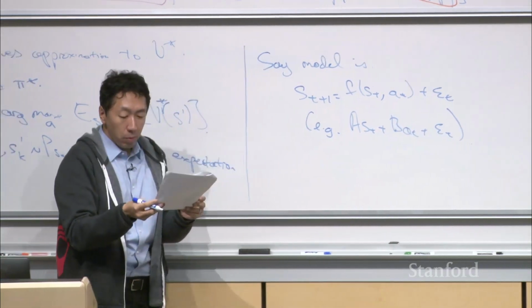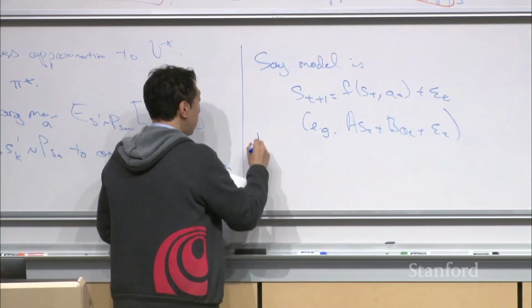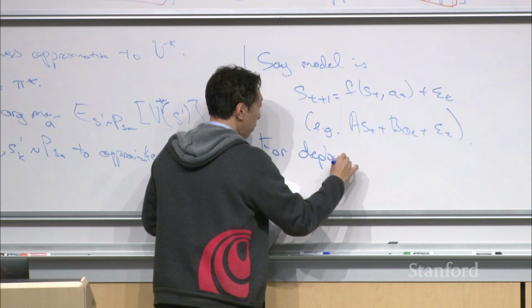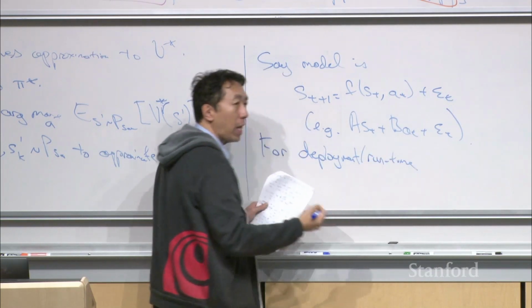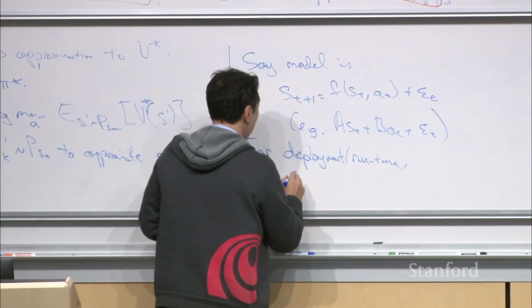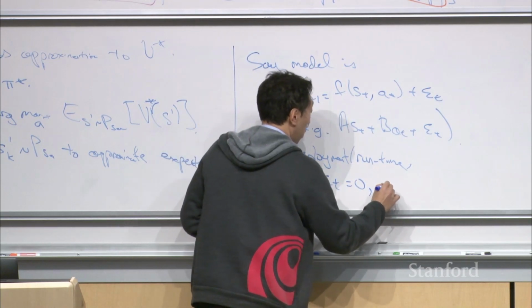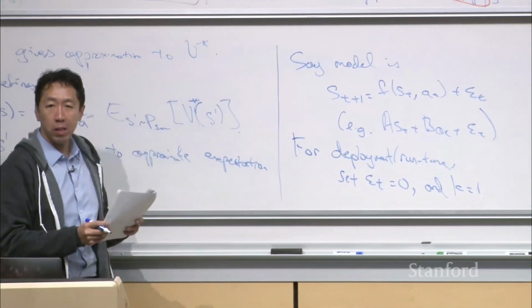And so one thing that is often done, for your deployment, for the actual policy you implement on the robot, is to set epsilon t equals 0, and set k equals 1.